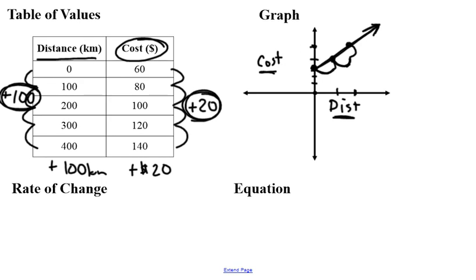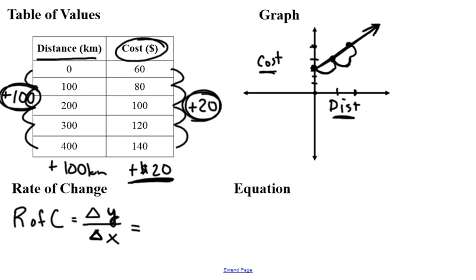The rate of change. Remember, we talked about it, but haven't looked at it yet with calculations. The rate of change is the change in our dependent Y values over the change in our independent X values. Well, what was the change in our Y values?